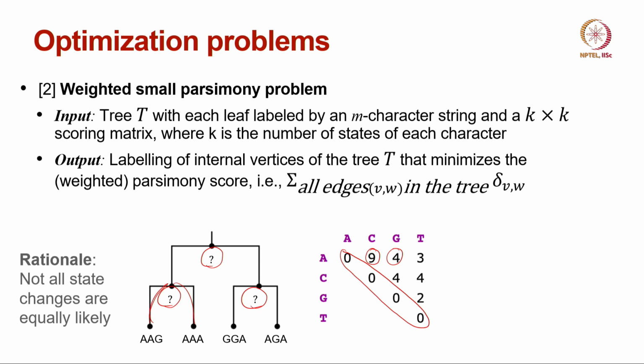Let us say on an edge from V to W, suppose there is a change of C to G, then we will count it as 4. So, we have to minimize all these character state changes, where the contribution of each character state change is given by this matrix. So, this is the weighted version of this problem.